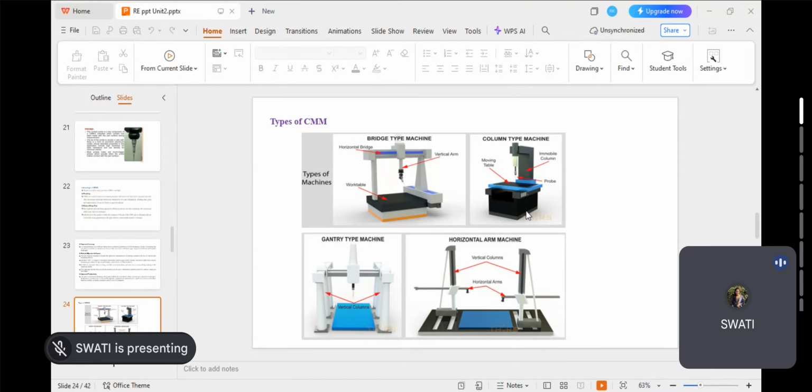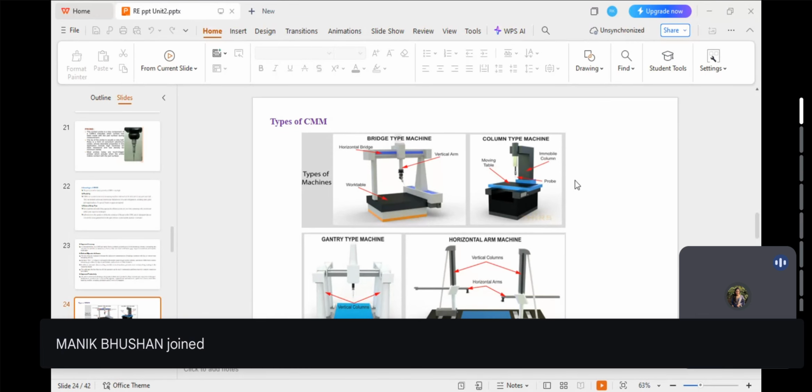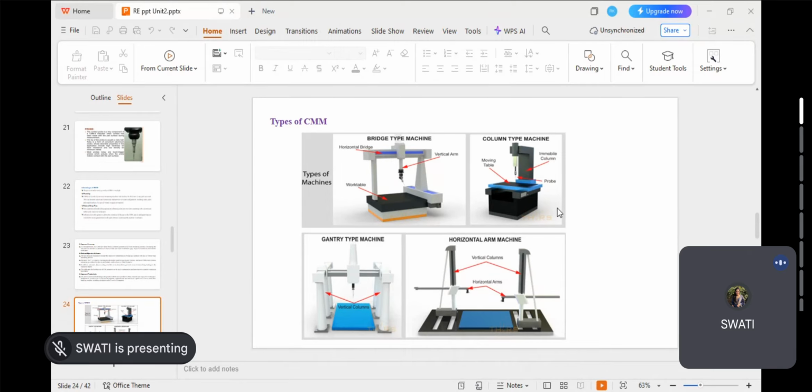When you place the workpiece in this particular workspace, it is difficult to manage whether it is at the origin point or whether it is aligned with the sides of the workstation. So we have to be very careful about that. If it is done, then it is very easy to manage the bridge type structure, and it is very easy to collect all the cloud points throughout the workpiece. This is by far the most popular CMM construction.